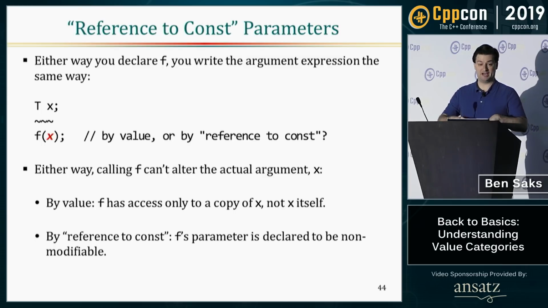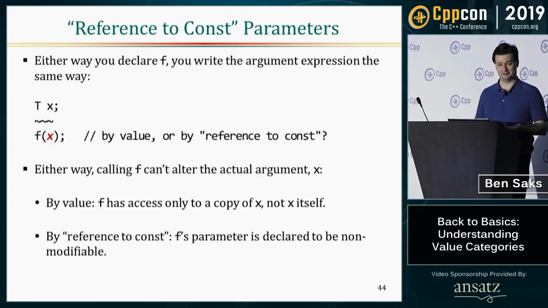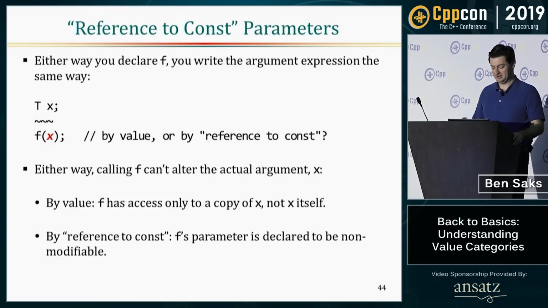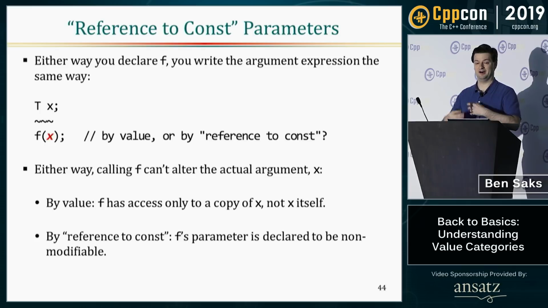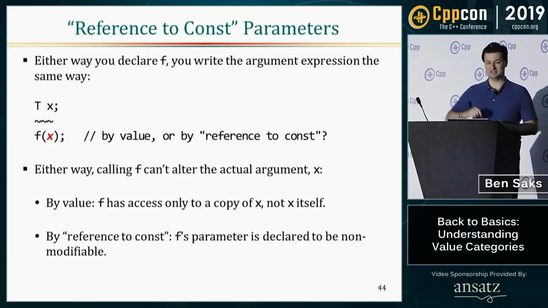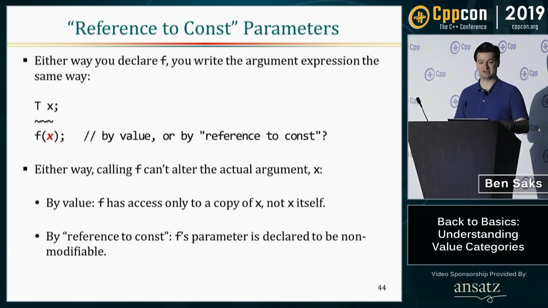If I pass by value, the function only sees a copy of x. It doesn't see x itself. It can't change x. If I pass by reference to const, the function sees a non-modifiable lvalue of type reference that is bound to x. It can't change x because x is treated as const in that situation.